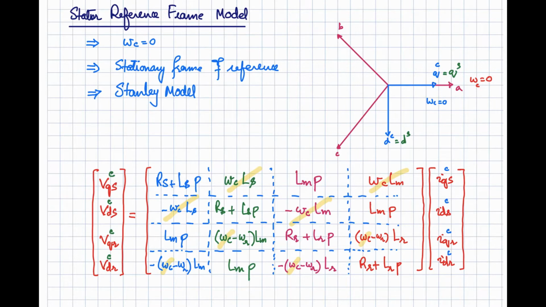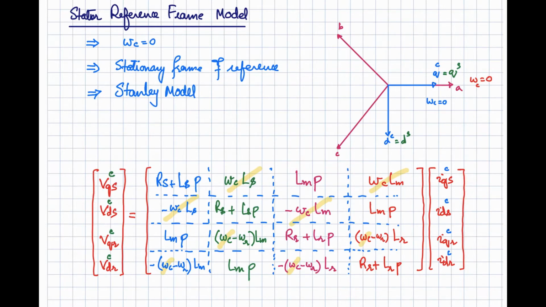So if you look at the equations that we have already developed in the previous videos, the q axis, d axis stator voltages and the rotor voltages are linked with the q axis and d axis stator currents and the q axis and d axis rotor currents through this matrix, where this p represents the derivative operation.